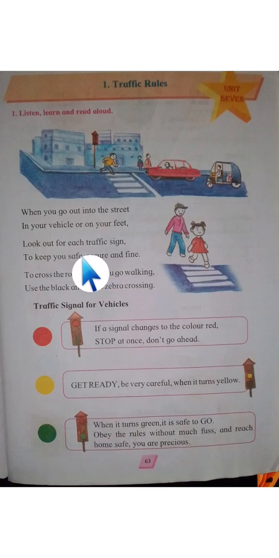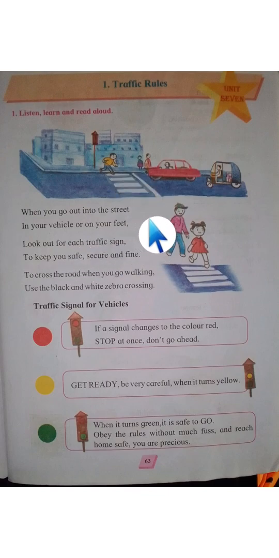And while we are on our feet, walking in the street, again we have to look out for each traffic sign. Why? Because if the traffic signal is green, vehicles can come anytime, so at that time we will not cross the street or road.